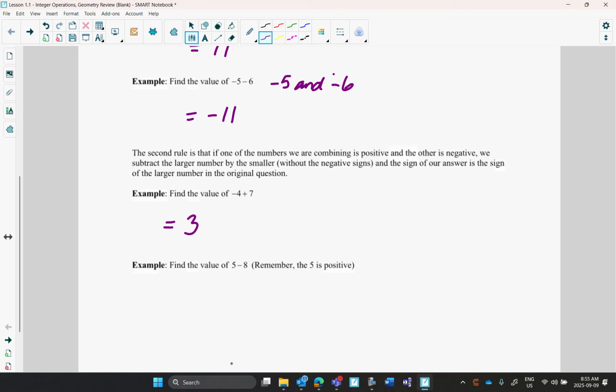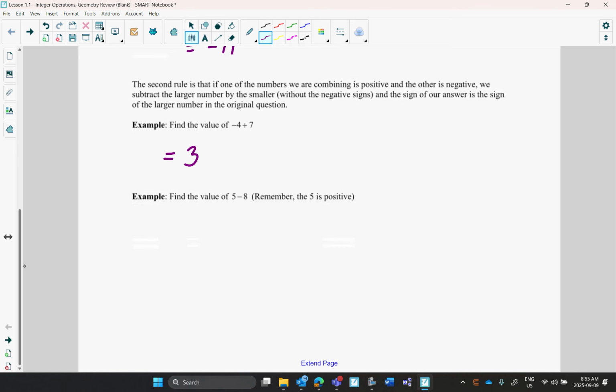Here, you can apply an inverse thinking. You can think of it like 8 minus 5, but which one has more negatives? The 8, right? So the answer is going to be negative, because it's the difference between the two numbers, the bigger minus the smaller, but there's more negatives.